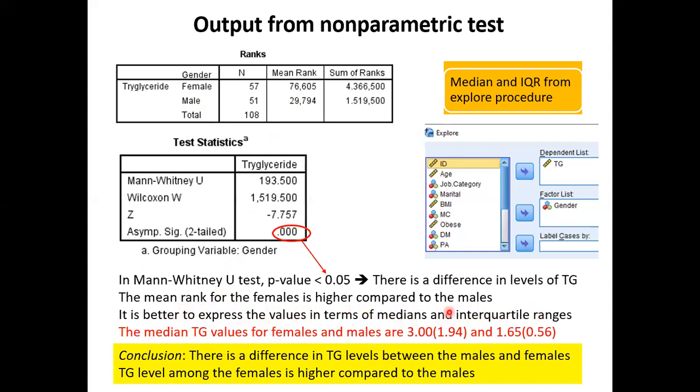If it's not symmetrical, then median and interquartile range. How do we get these values? Again, explore procedure. TG here, by gender. That's all. Click OK to get the median and IQR. And for the table, we get these values. Males and females are 3 something and 1.65.